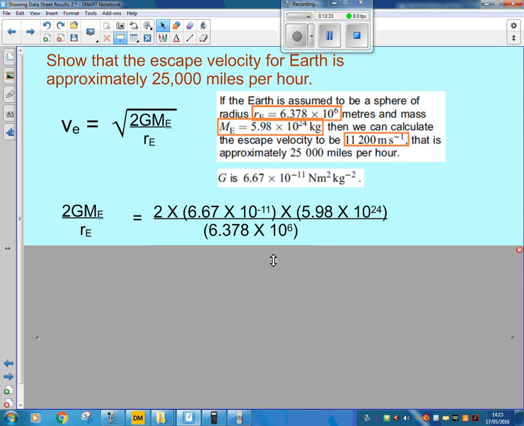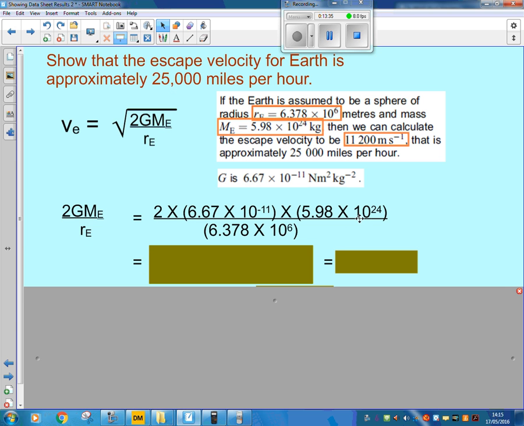Where we're multiplying, you add the indices, and where you're dividing, you subtract. So that stays as 2, that stays as 6.67, that stays as 5.98, multiplied together, still 6.378 on the bottom, but with the powers of 10, where you're multiplying, you're doing minus 11, add 24, that comes to 13, then divide means I subtract the 6, so I get 10 to the power of 7.